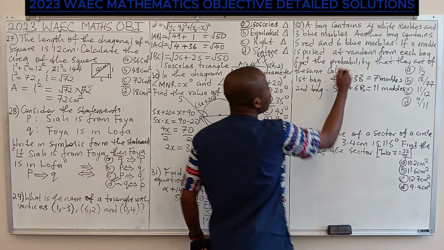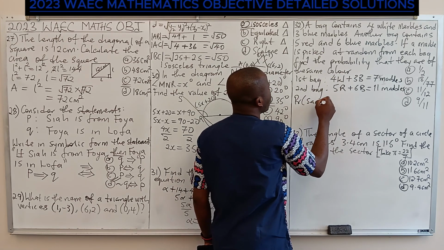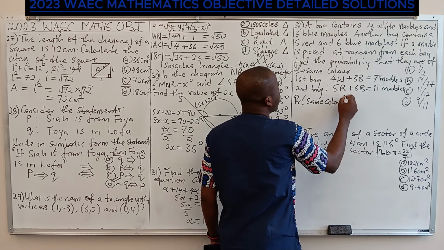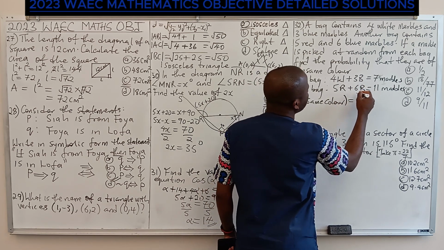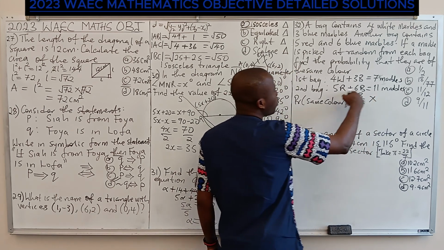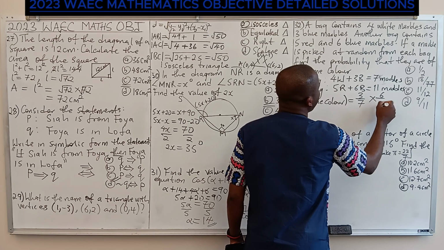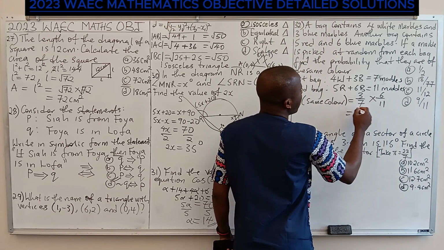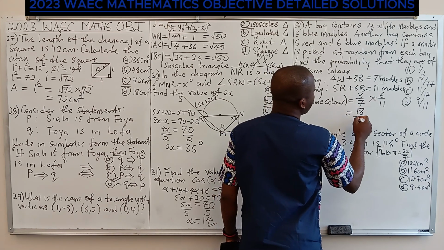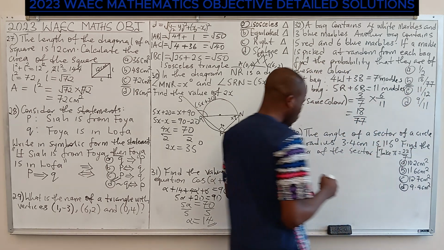The probability of picking blue in the first one is 3 over 7, times the probability of picking blue in the second one, 6 over 11. 3 times 6 is 18, and 7 times 11 is 77, which is B.